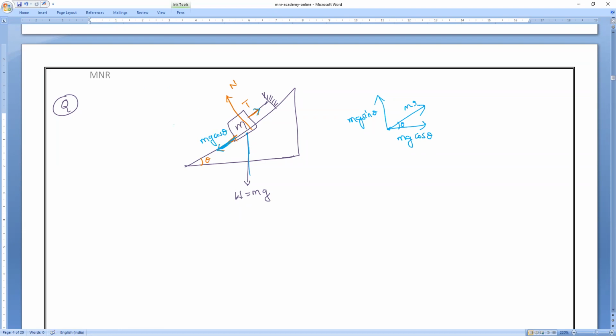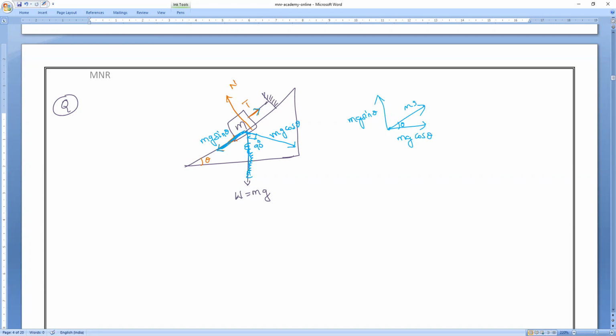Sorry, not mg cos theta, it is mg sin theta. And perpendicular to that, at 90 degrees, mg cos theta will act. Remember, everybody? When it is an inclined surface, this vertical is neglected because the force is exerting in two different directions.